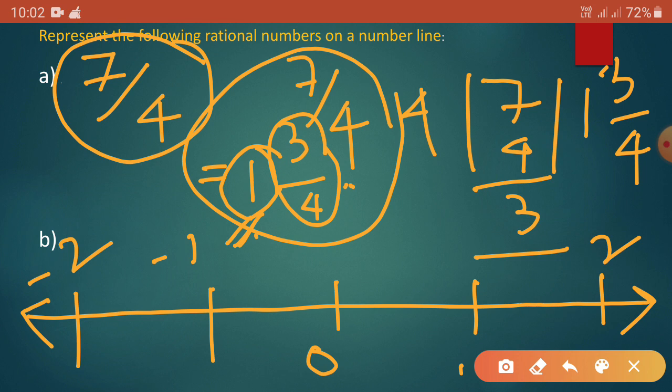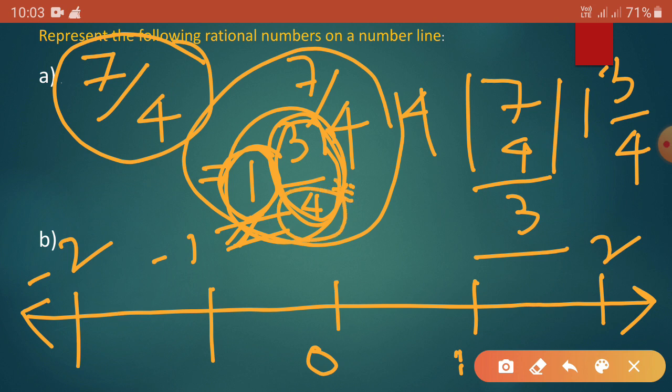If we have 1 and 3 by 4, that means this number, 7 by 4, will be after 1 on the number line. So we take 1 first, and then the number is 3 by 4.